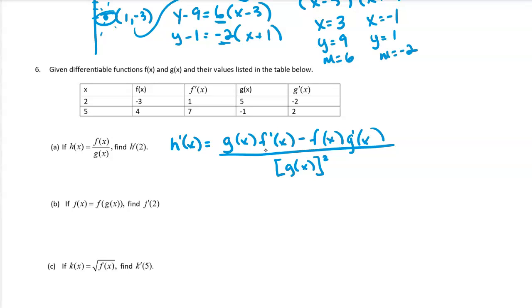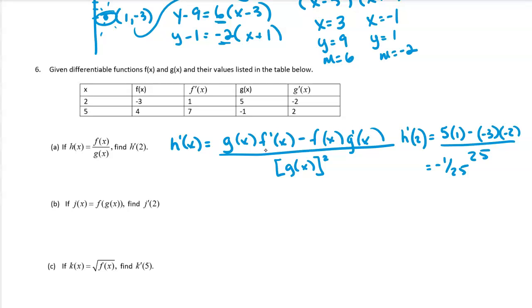So h prime of 2, let's see if I can scrunch this in here and read the chart right. G of 2 is 5, f prime of 2 is 1, minus f of 1 is negative 3, g prime of 2 is negative 2 over 5 squared, 25. And you could leave it like that, obviously, but your answer was negative 1 over 25. 5 minus 6 over 25.